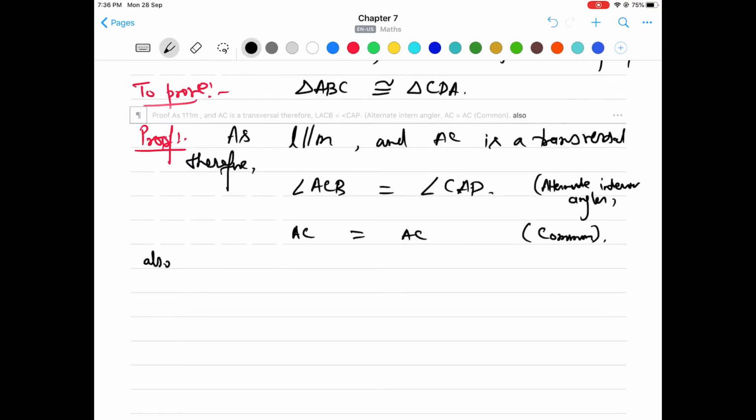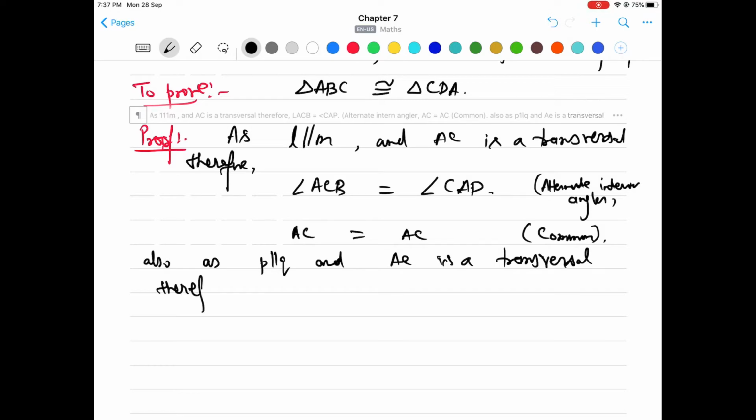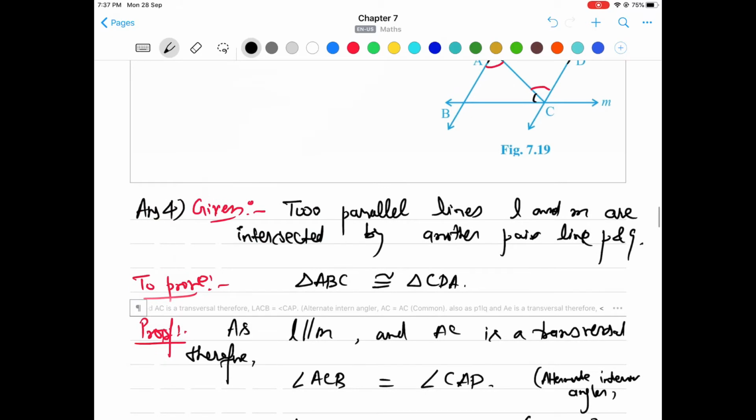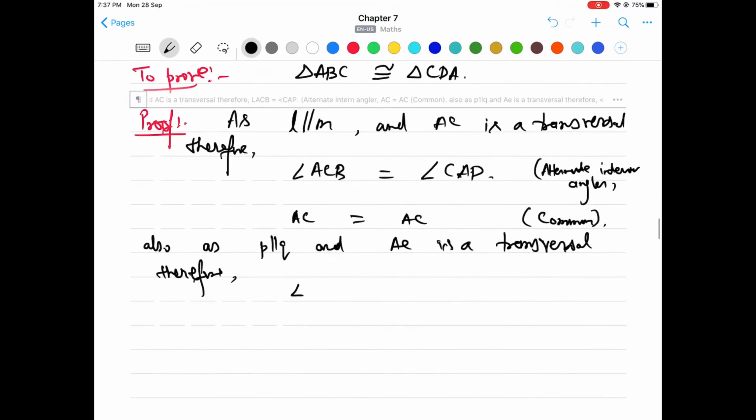So write, as P is parallel to Q and AC is a transversal, therefore angle BAC will be equal to angle ACD. This is again by alternate interior angles. This AIA stands for alternate interior angle.